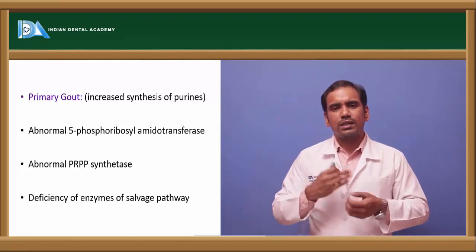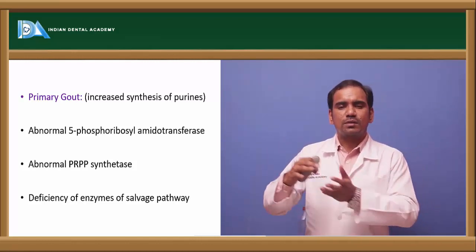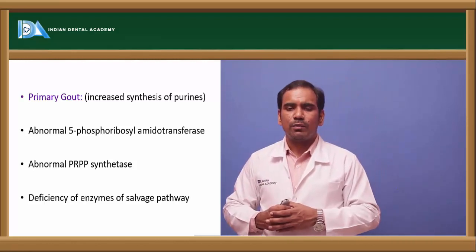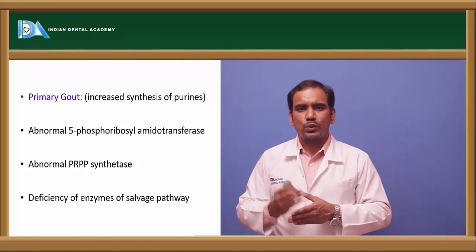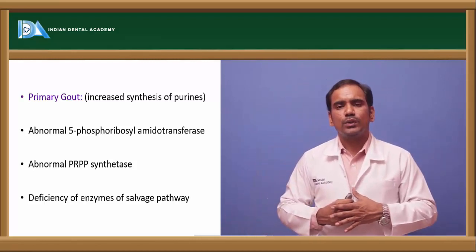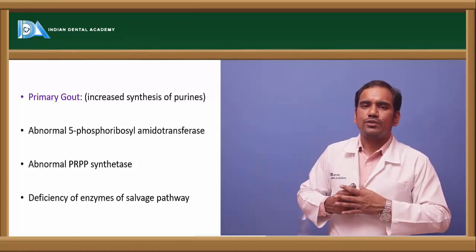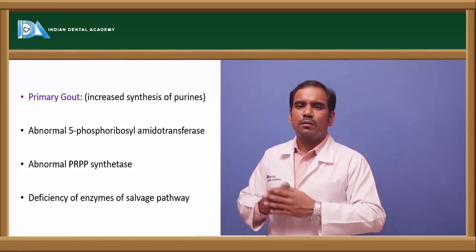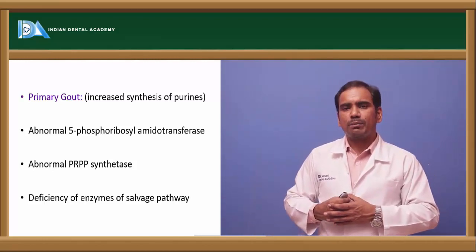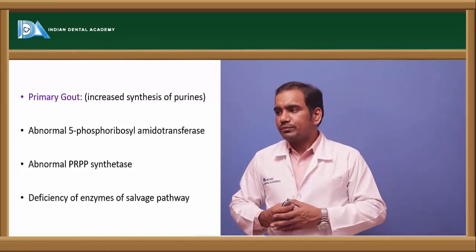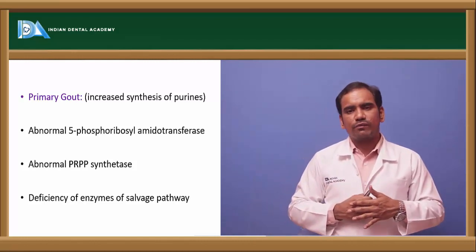Increased purines are subjected to increased catabolism, and the end product of purine catabolism is uric acid. So it results in increased synthesis of uric acid, and that finally leads to gout, which we call primary gout.